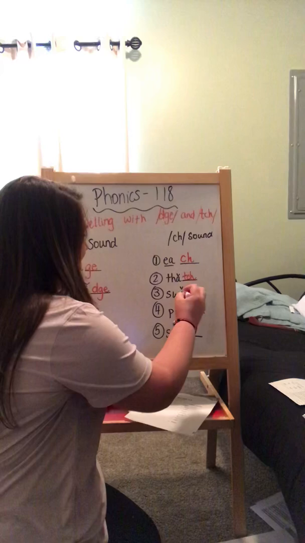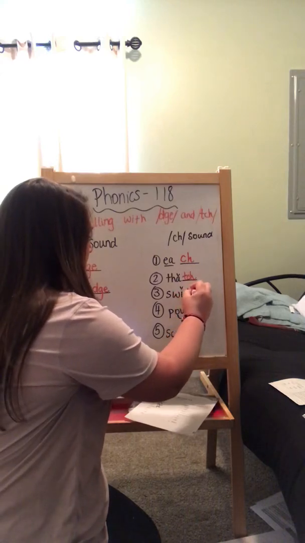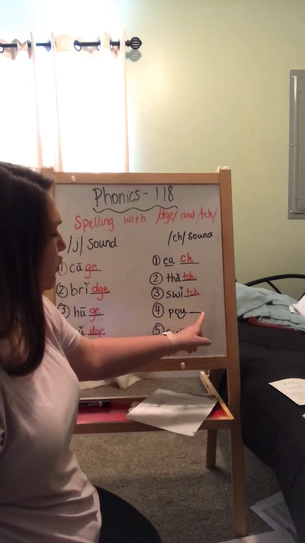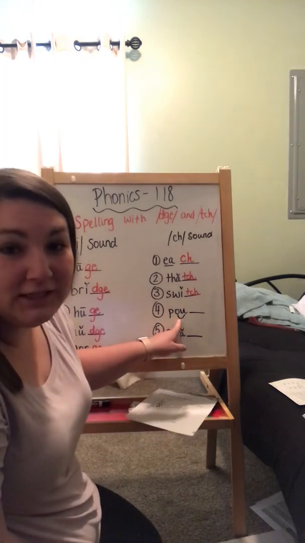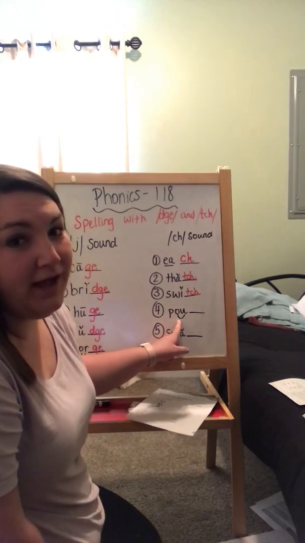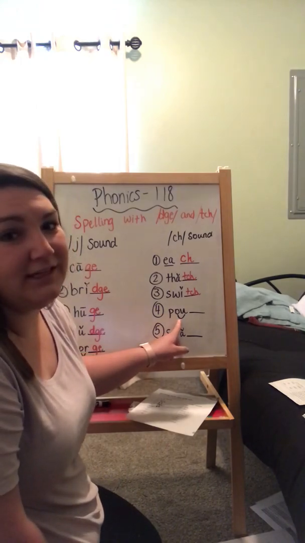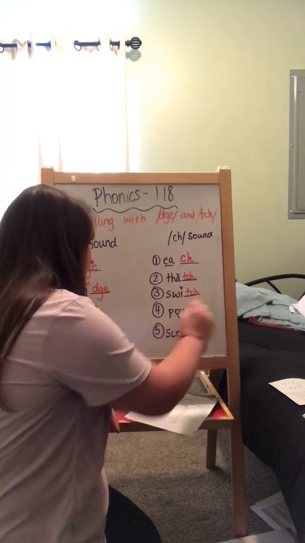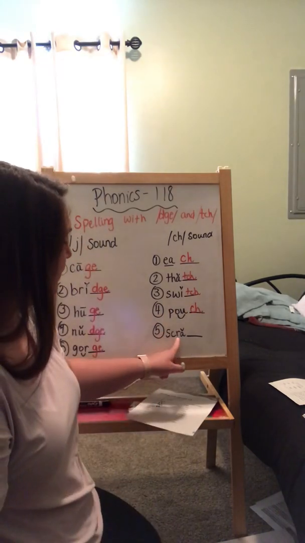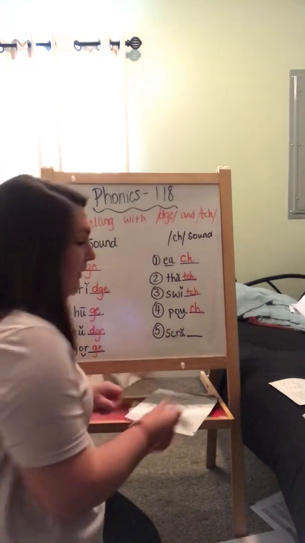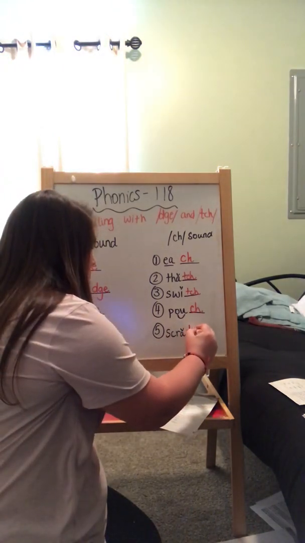I can add my TCH. Pouch. I do see a combination, but in our rule, remember it's TCH after a short vowel, and then CH after anything else. So I have to add my CH. And the last one is scratch, scratch. I notice I have a short vowel, so I'm going to add my TCH.